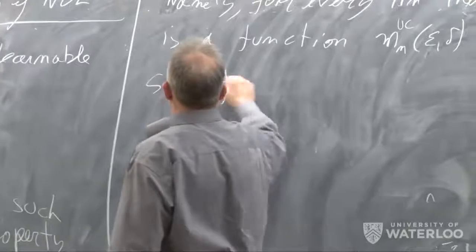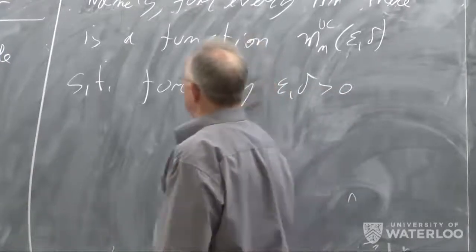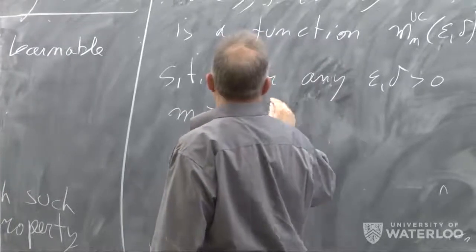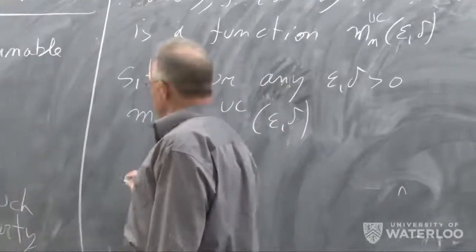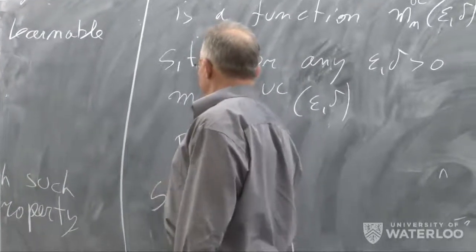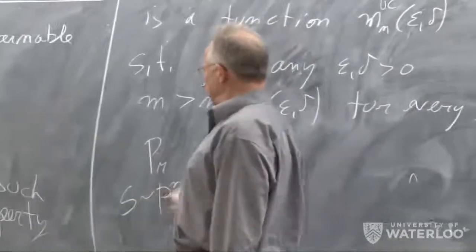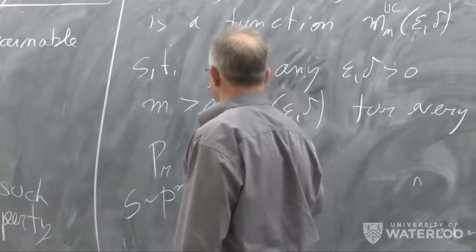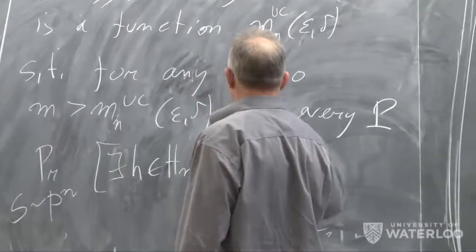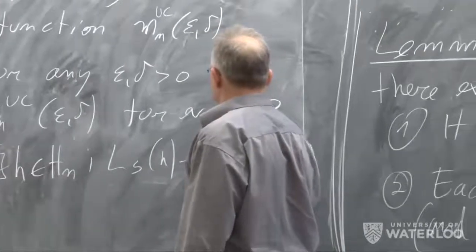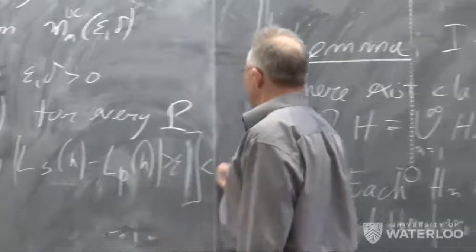Such that for any epsilon, delta greater than 0 and m greater than Mn of epsilon delta, the probability, as sampled by P to the m, for every probability distribution P, the probability when I take such samples that there exists an h in Hn such that the absolute value of Ls of h minus Lp of h is greater than epsilon, is less than delta.